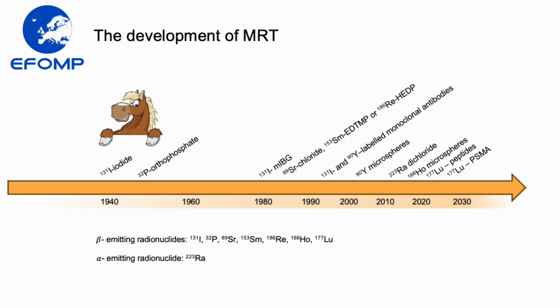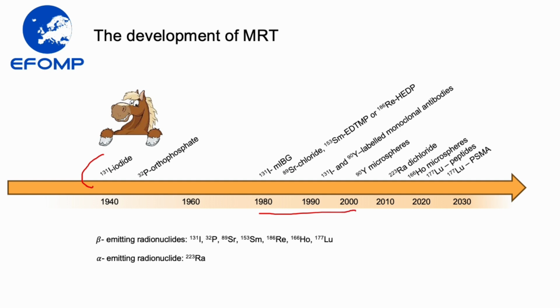This is a brief timeline of the introduction of various radiopharmaceuticals. It actually began already during the 1930s or 40s, especially with iodine-131 and iodide. Then a few radiopharmaceuticals were introduced during the 1980s and until 2000.